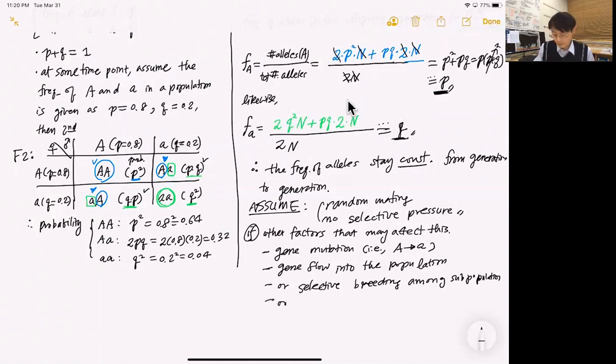Or like natural selection: what if some specific trait is overpowered and survives better than the others? Then it could change. Okay, this is what I want to share, and thank you for your attention.